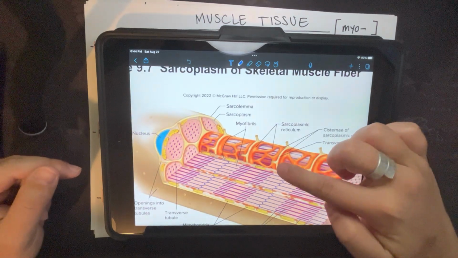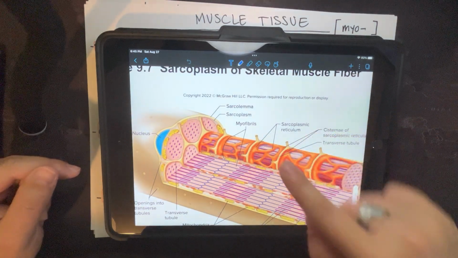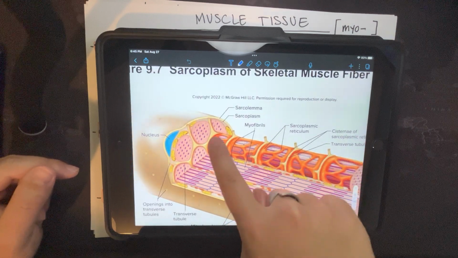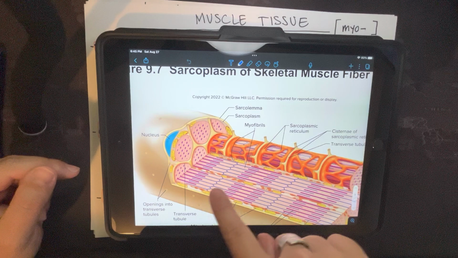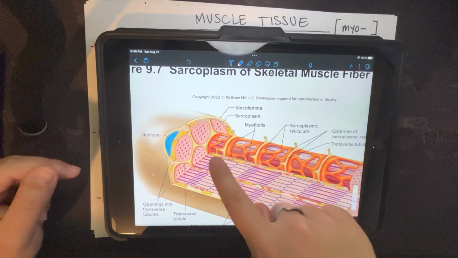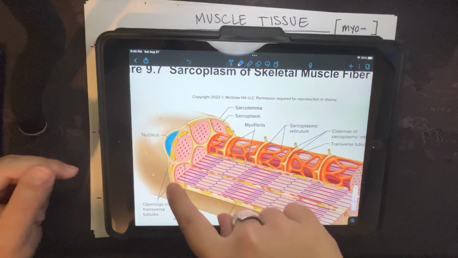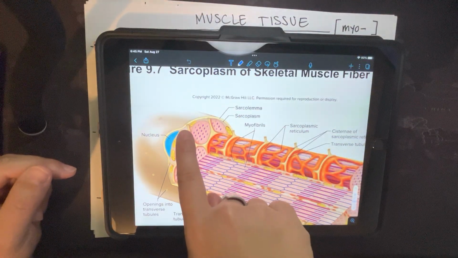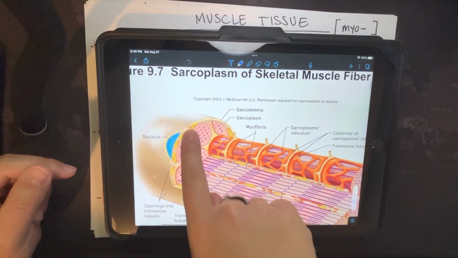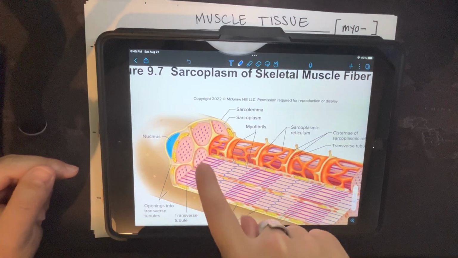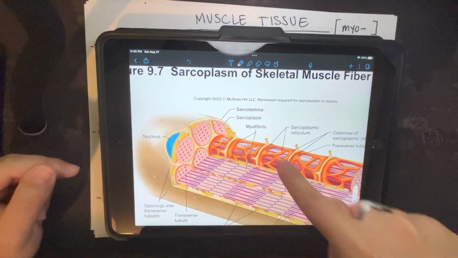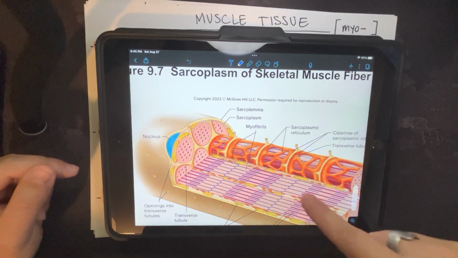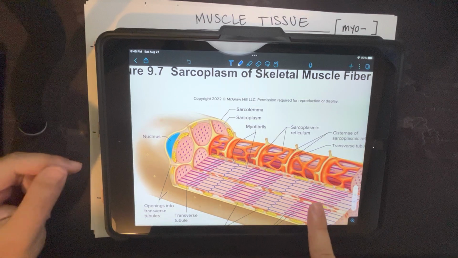So we can see this T tubule circling every cisternae of the sarcoplasmic reticulum, but it also incorporates into the other myofibrils. It's not only around one, it continues to sit in all of the other myofibril portions, because once it receives information from nervous tissue, it is going to take that electronic stimulation and work to integrate that signal to the rest of these contractile proteins.